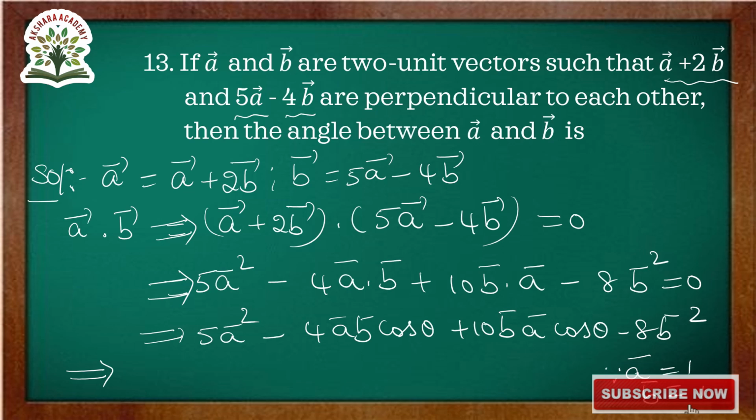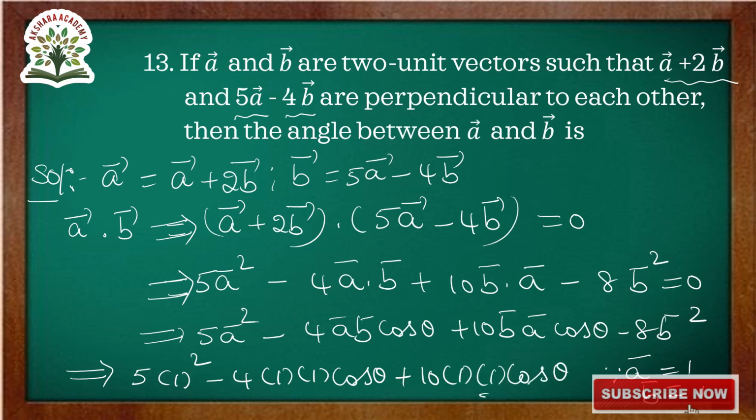So substituting 1 in place of a bar and b bar, we get 5 into 1 whole square minus 4 into 1 into 1 into cos theta plus 10 into 1 into 1 into cos theta minus 8 into 1 whole square is equal to 0.